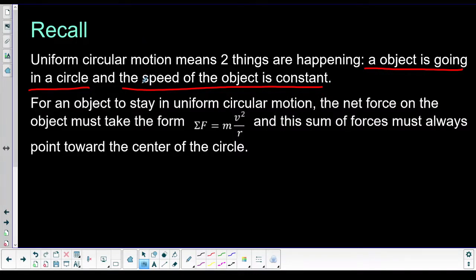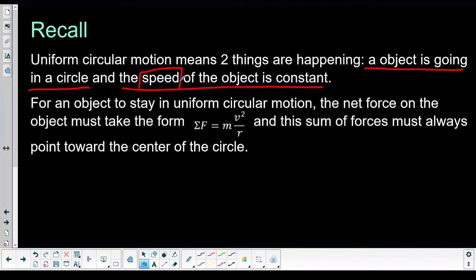Again, I'd like to highlight the fact that I'm using the word speed here instead of velocity, because if we're going in a circle and we're spinning, the direction is changing all the time. So the velocity is changing all the time because velocity depends on direction as well. So we're just talking about if I were driving a car, what does my speedometer say? Not necessarily what does the directional heading say also.